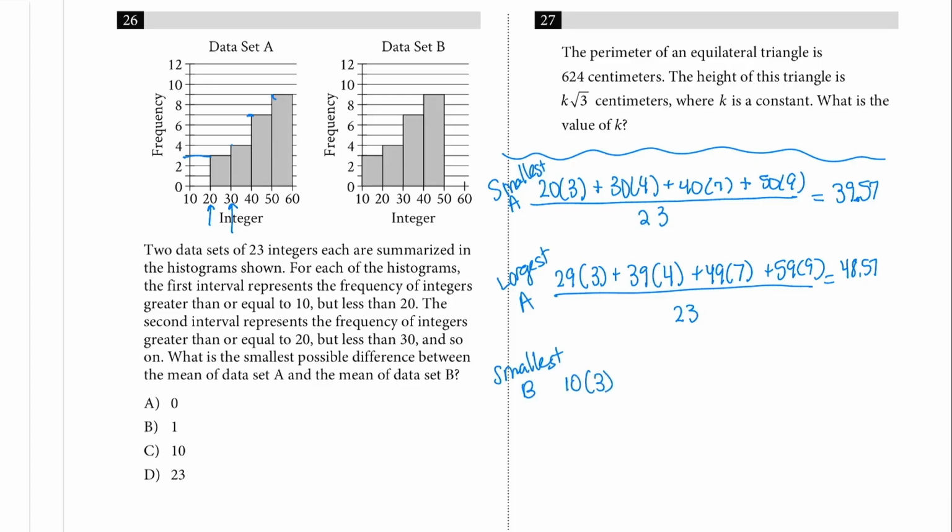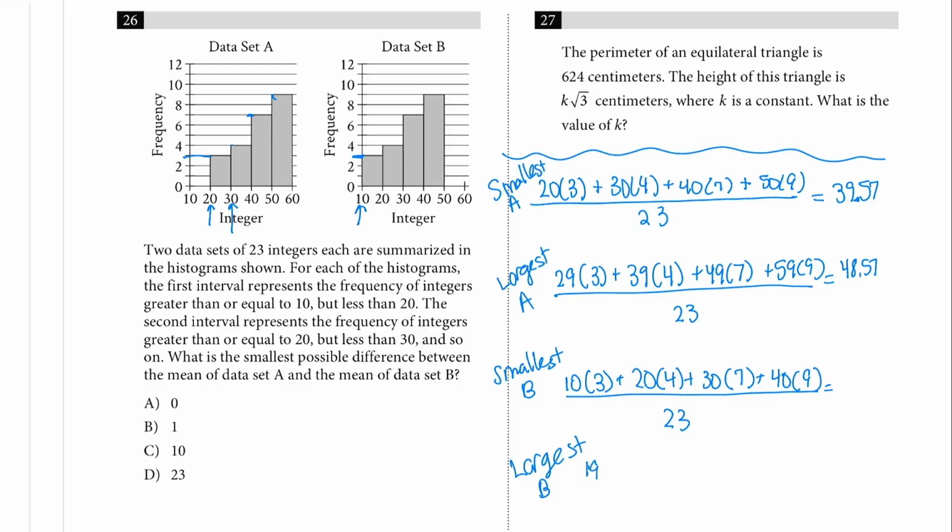We have 10 times 3 plus 20 times 4 plus 30 times 7 plus 40 times 9 divided by 23. And then let's go ahead and set up the largest one too.